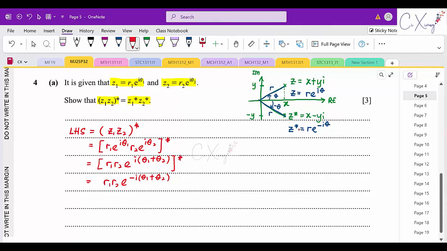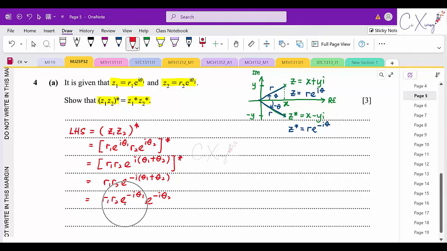Then after that, they want us to show that it can be written as z1 conjugate times z2 conjugate. That means now I want to separate them again. I try to separate out the e first. I will be having e power negative iθ1, then e power negative iθ2, because you multiply the negative inside, right?